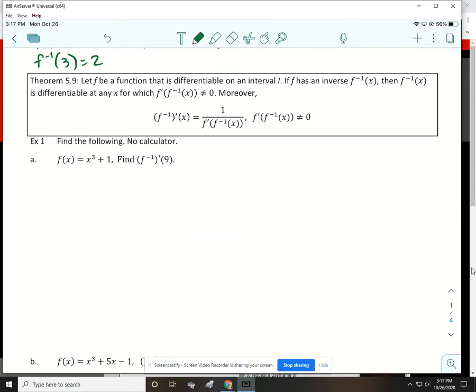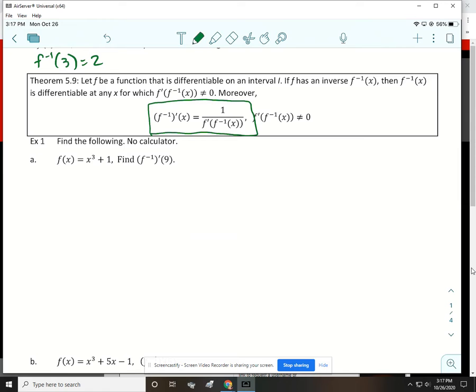And to find that inverse, we use this rule. The derivative of the inverse of f, f inverse prime of x, is equal to 1 over f prime of f inverse of x, as long as that denominator is not equal to 0.